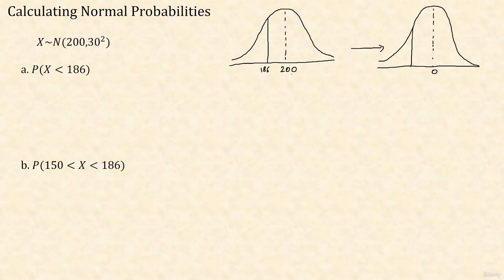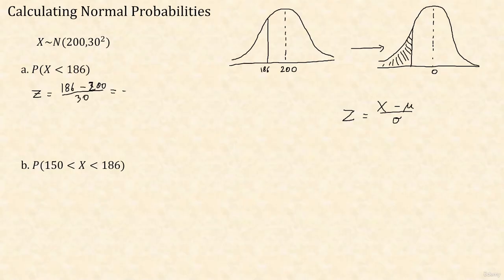And to do that, we use the formula from a few videos back, which is that the standardized z value is the x value minus the mean, over the standard deviation. So in our case, our z value is 186 minus 200, the mean, divided by 30, the standard deviation.